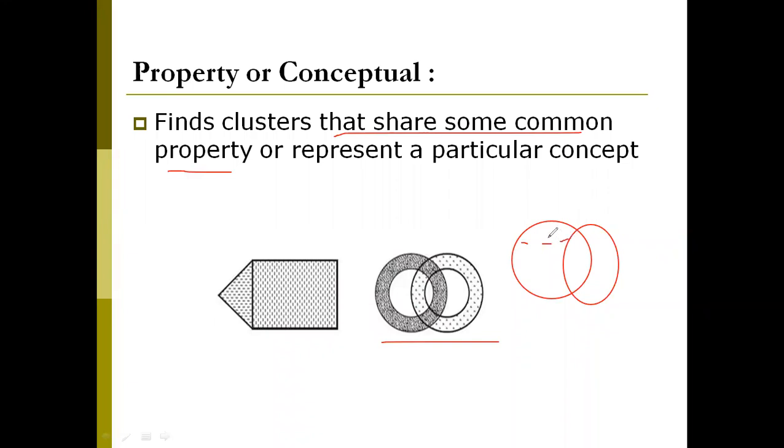This is one kind of data points, and here you have another kind of data points. But whatever data points are in this area belong to both groups. Some properties of these data points belong to this group, some properties belong to the other group, right?